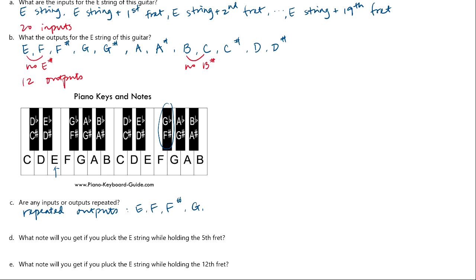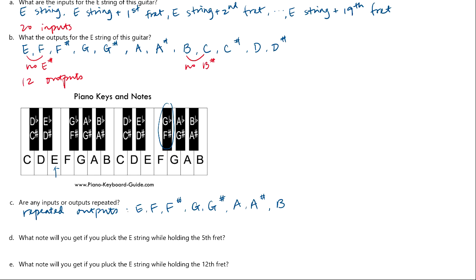And then G, then G sharp, then A sharp. I think we need one more, which gets us to B over here. And these are the repeated outputs we have over here, but we don't have any repeated inputs over here.